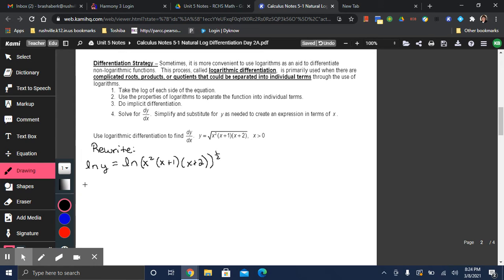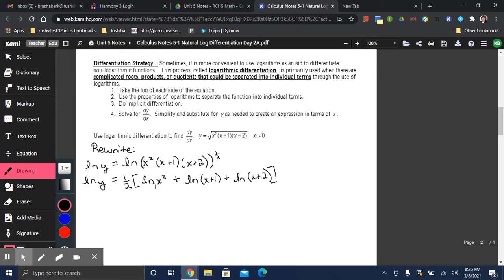And then I'm going to continue to rewrite. So the natural log of y. Remember that products can be rewritten as the logarithm of individual terms in addition. I'm also going to bring this 1/2 in front. So I could have 1/2 and then the natural log of x squared plus the natural log of x plus 1 plus the natural log of x plus 2.